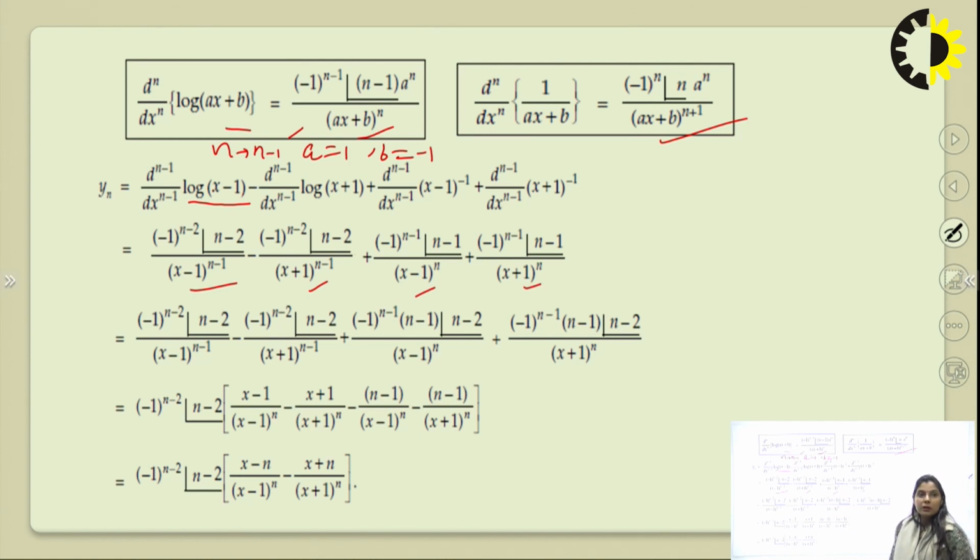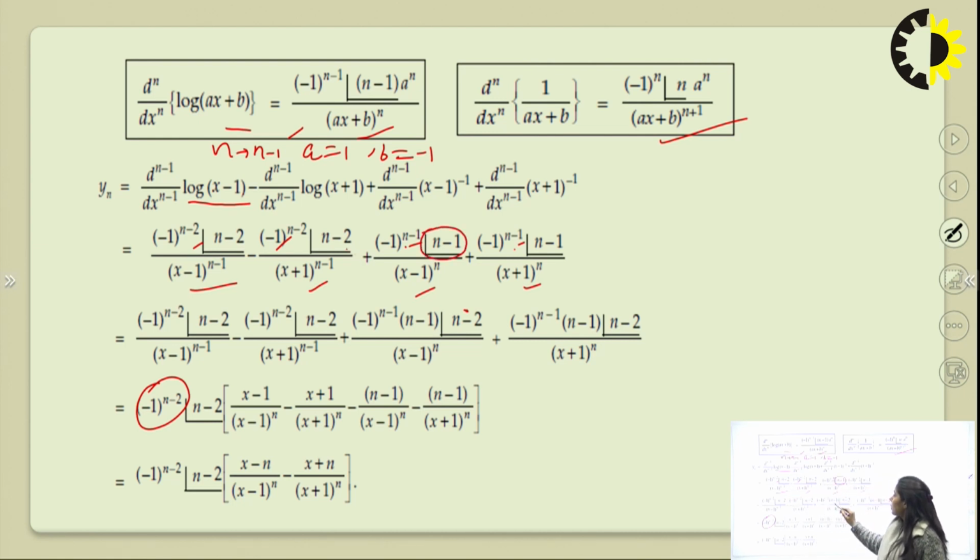And now here we have common terms. Which common terms? Minus 1 power n minus 2, here and here. So the remaining terms are here minus 1, and here factorial n minus 2, here factorial n minus 1.